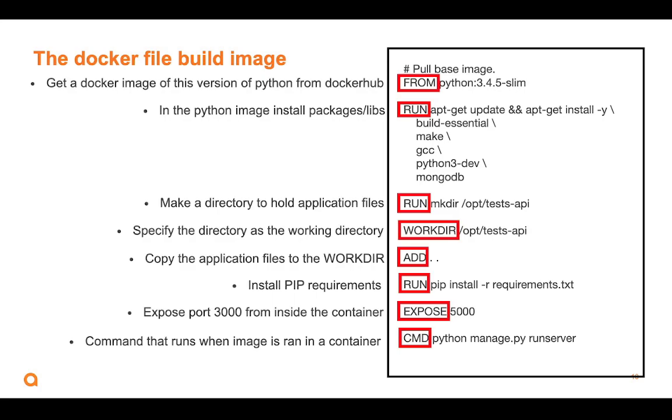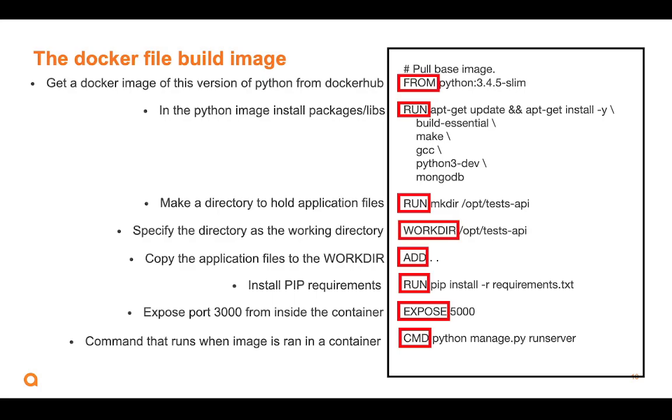We're taking our code that we wrote and copying it in with the ADD . ., and we're doing the pip install to install all the Python requirements. Then we're exposing 5000 inside the container to the outside world, and now we have this command that gets our application up and running.